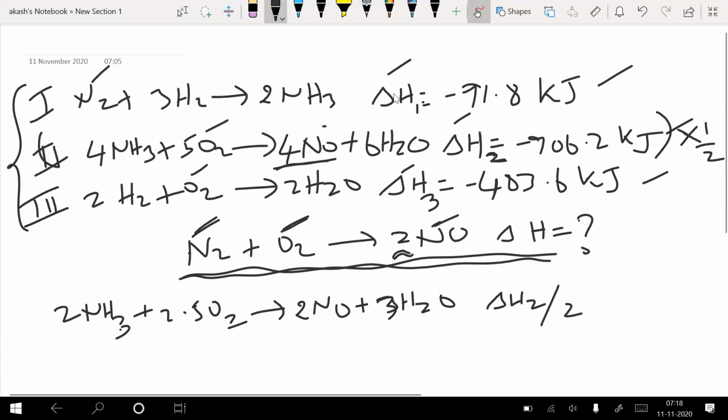No issues. Now I have 2NO on the product side and N2 is sorted. O2 alone we have to see. For O2, I require one O2. Now I have to see what I can do.